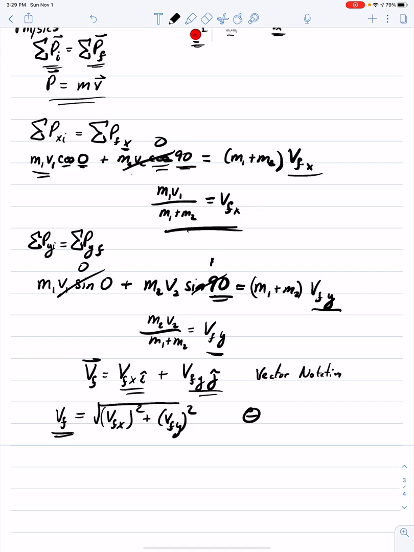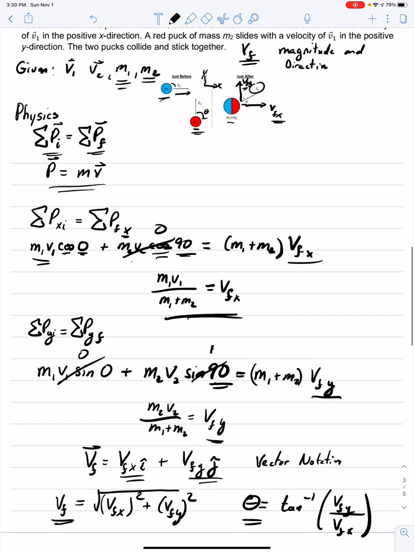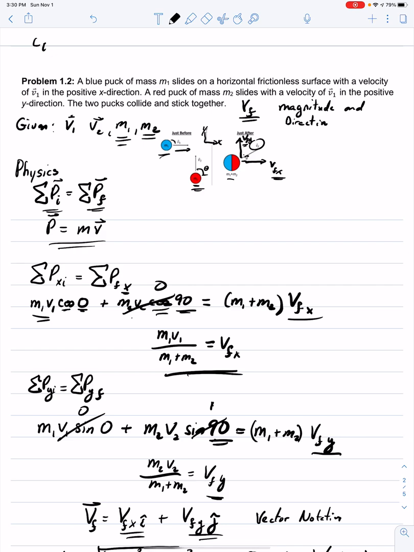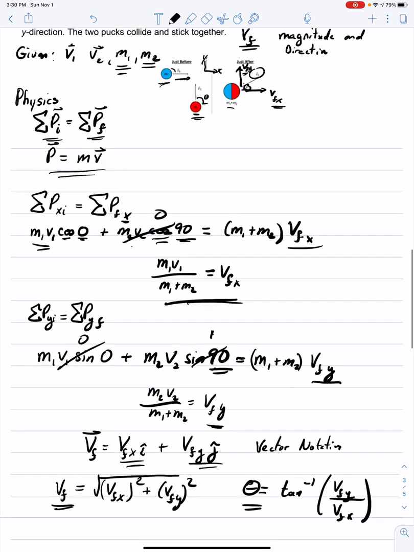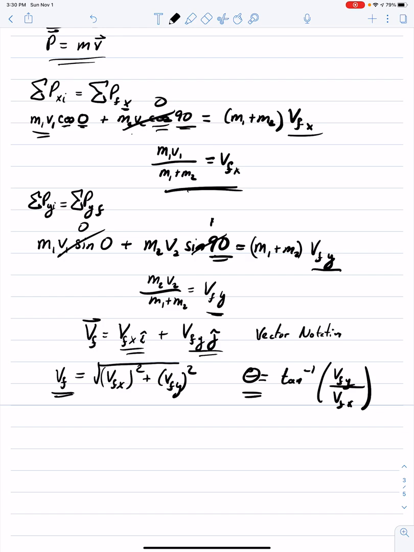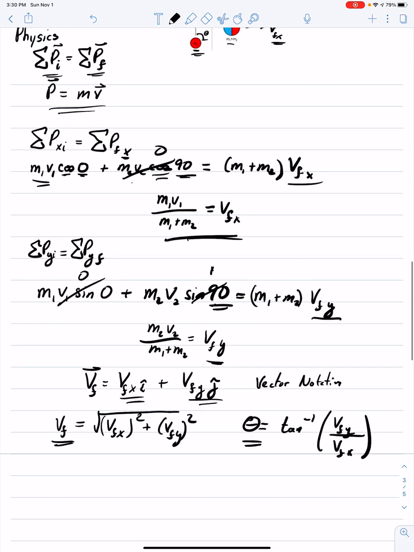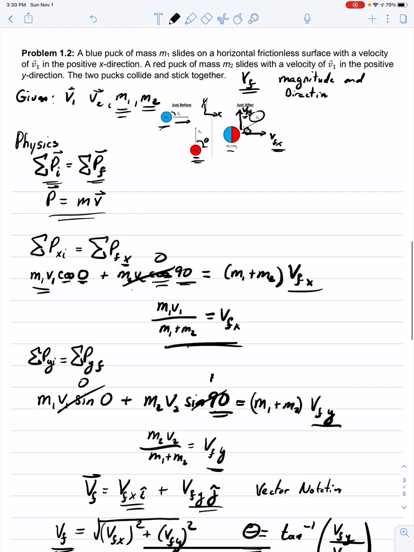If you want the angle, this is where you do the trigonometric functions and just find the arc tangent of velocity y final over velocity x final, and that should give you the angle that we're trying to identify right here. Okay, so we have found the answer, and we have identified this as a completely inelastic collision.